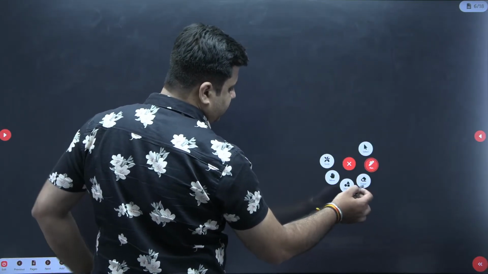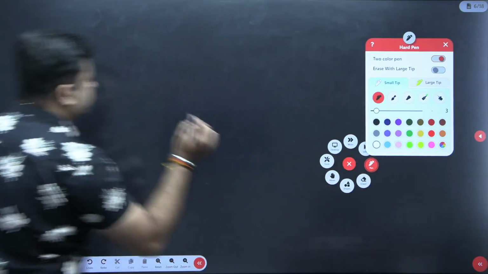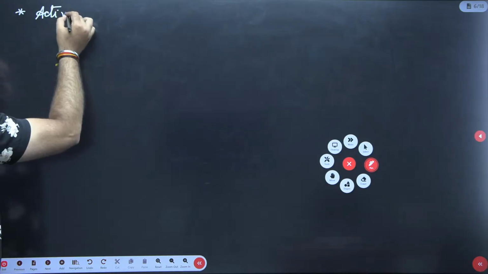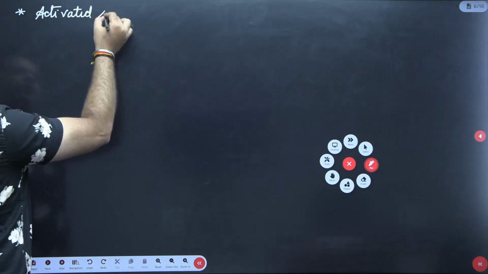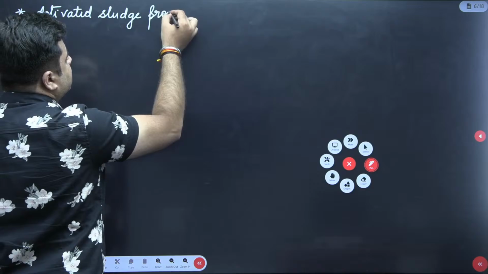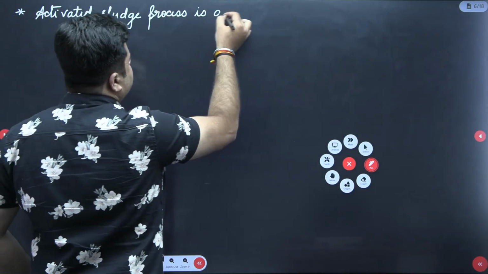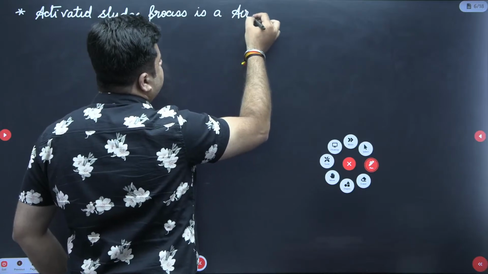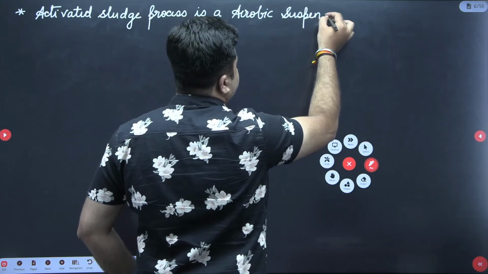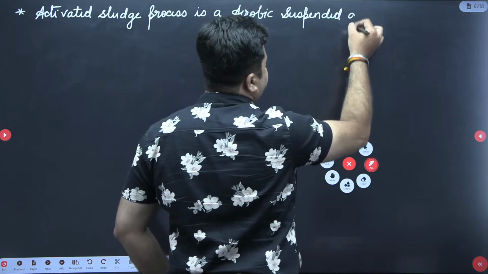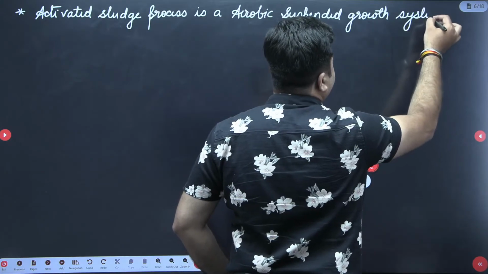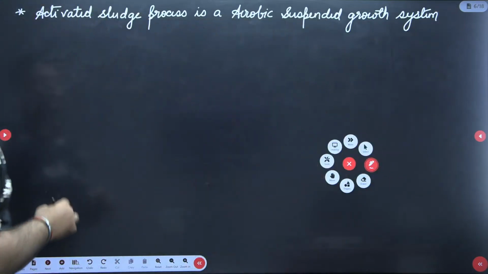So I will just write down a few key points. First of all, activated sludge process is an aerobic suspended growth system. Next point.